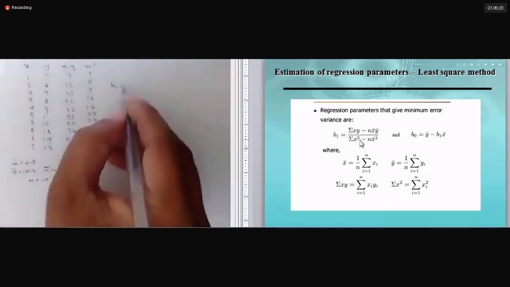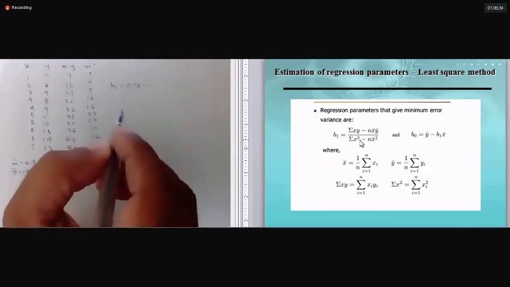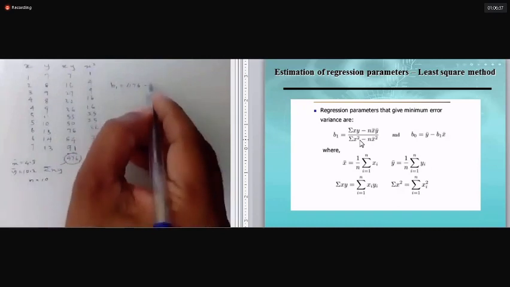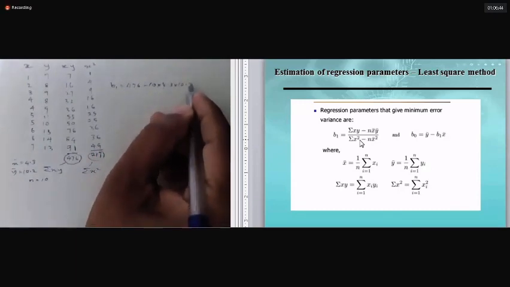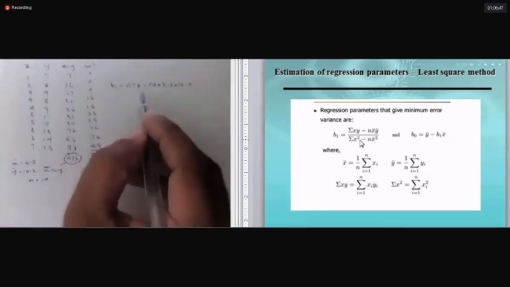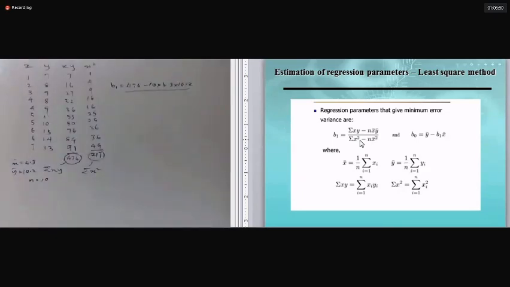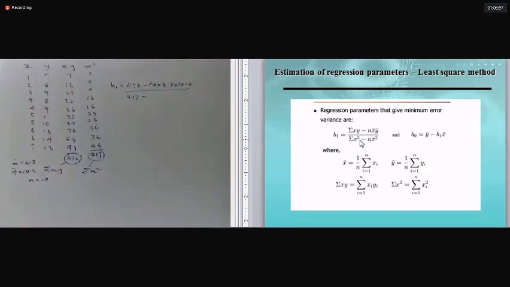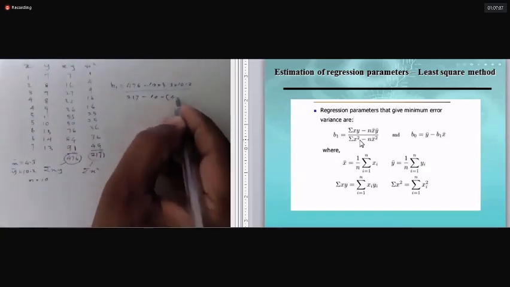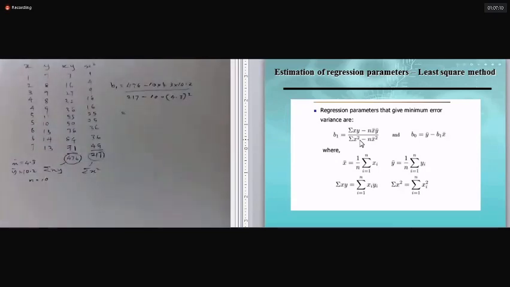Sigma xy means 476, minus 10 times x bar y bar, so that means 10 times 4.3 times 10.2, divided by sigma x square, that means 217, minus n, which is 10, times x bar square, which is 4.3 square. Okay, so you can find the value.